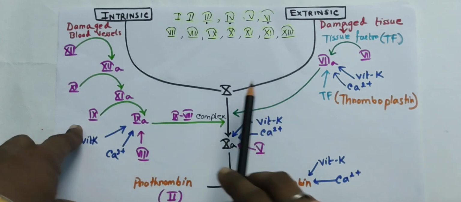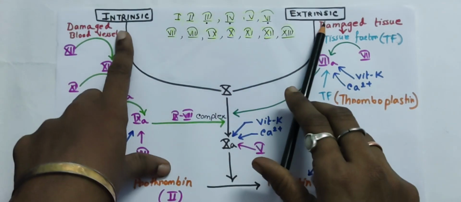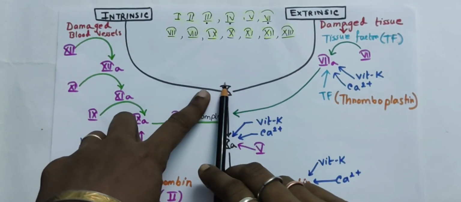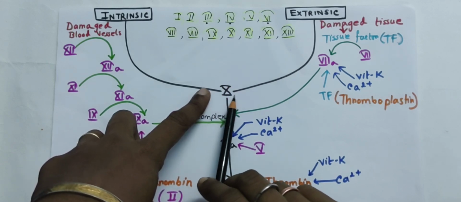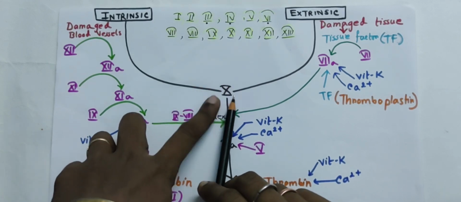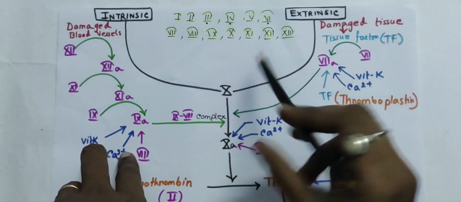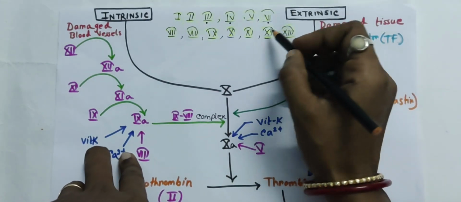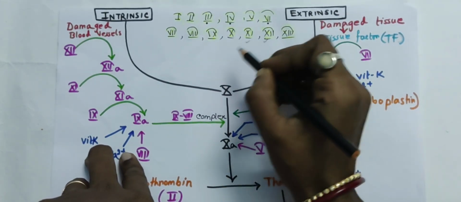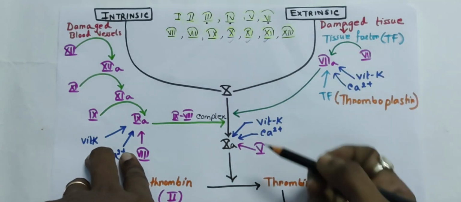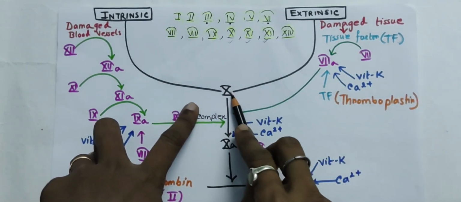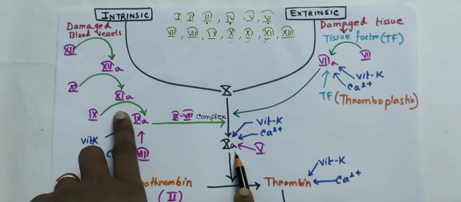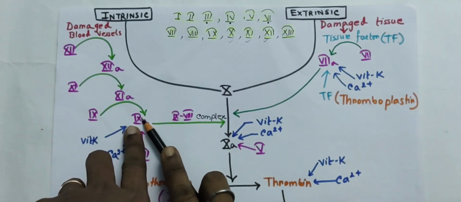Okay, now what happens here is both the pathways come together, so I marked it with a cross. That means here is an inactive factor 10. We have already discussed 12, 11 and 9. That inactive 10 gets activated by active factor 9.